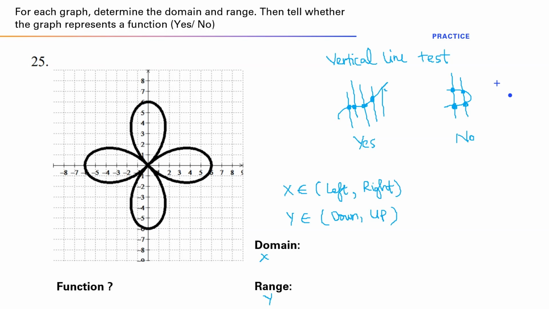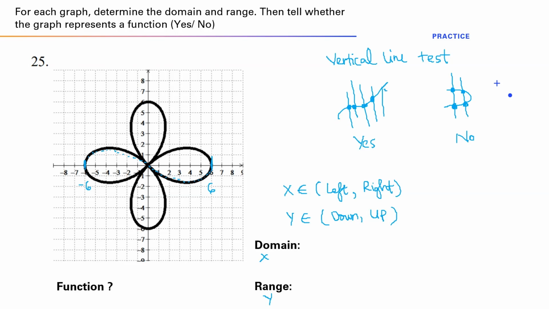So for the left, we look at the graph, right? The most left endpoint will be right here. That value is -6, right? And then every single point here has a value of x until you touch that part. That's the maximum for x, so that is 6.